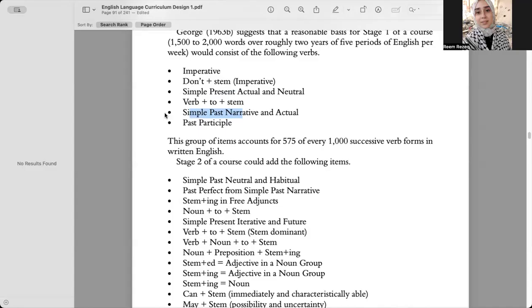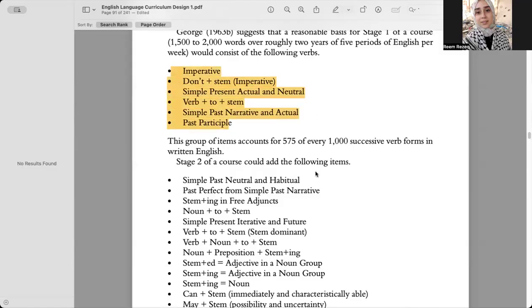The past is used for narrative, while, for example, don't is used for the imperative, and simple sentences for factual statements. So this is very, very important to know.